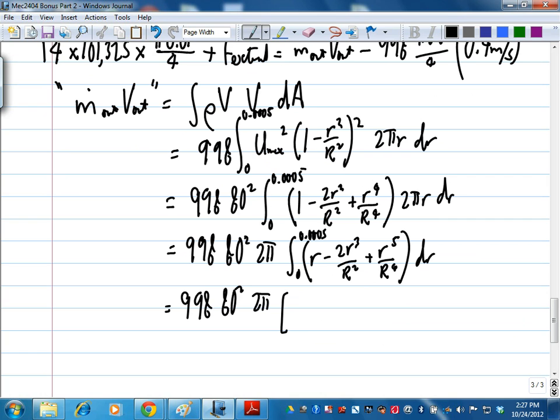This one becomes r squared over 2 minus 2 times r to the 4 over 2R squared, plus r to the 6 over R to the 4, with the bracket closed, from 0 to 0.0005. Oh yeah, sorry, 6.